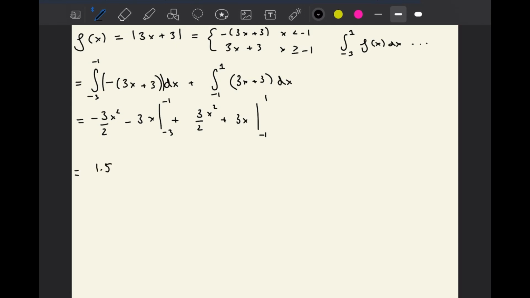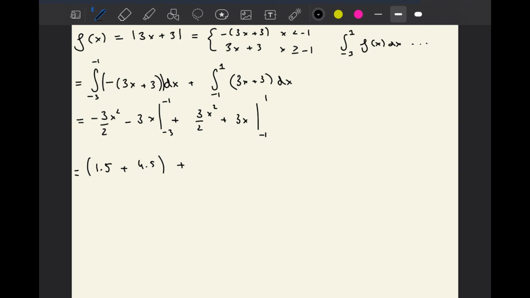And then for negative 3, we're going to have negative 3 times negative 3 squared, so 9 over 2, which is going to give us negative 13.5, minus 3 times negative 3 plus 9. So negative 13.5 plus 9, that's negative 4.5. So we're going to have plus 4.5 because we're going to minus negative 4.5, which is going to give us a positive 4.5. So we're going to have 1.5 plus 4.5.